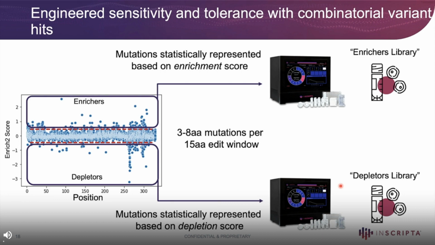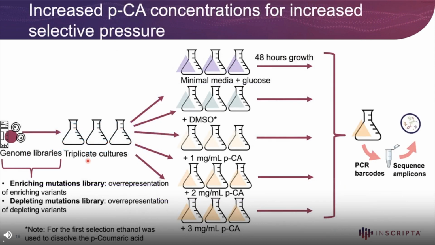And so once we had these libraries built, we used these for a selection experiment where we increased the concentration of Coumaric acid. So similar as before, we took the libraries and they were grown in biological triplicate, and then they were grown in minimal media with glucose, plus the addition of DMSO. And in the previous selection, ethanol was used as the control.